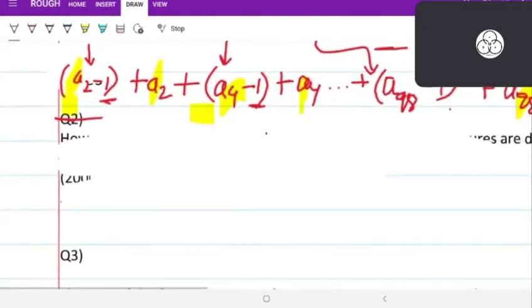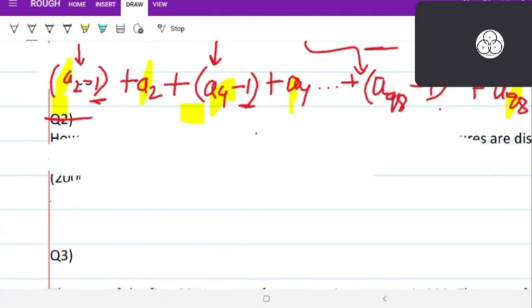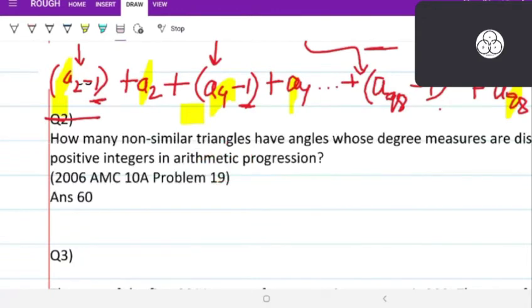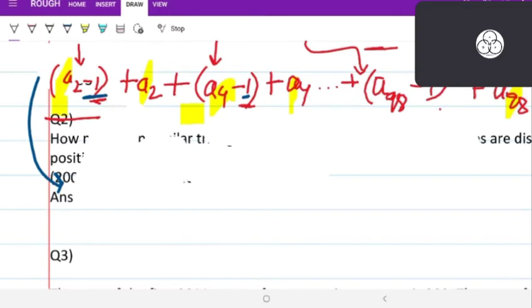So how many odd terms are there? If the total number of terms is 98, then odd terms are 98 by 2, that is 49. So 49 times minus 1 you are getting here. 49 into minus 1 will be minus 49.